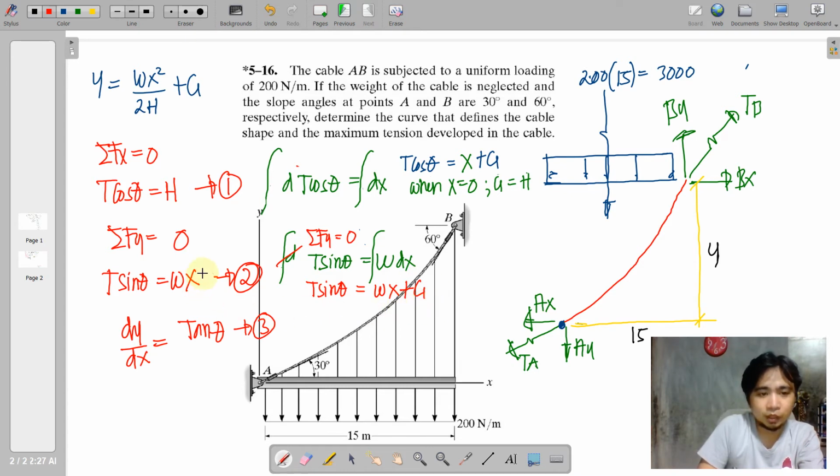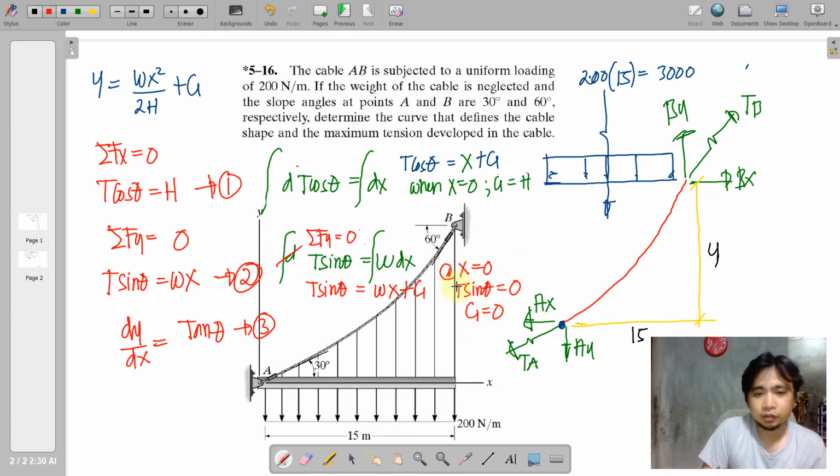So in this case, why is it that there is no constant of integration that was derived a while ago? C1 here is being eliminated because, based on the condition that at x is equal to 0, our vertical component is equal to 0. Therefore, our constant would also be equal to 0. So what is the difference here?